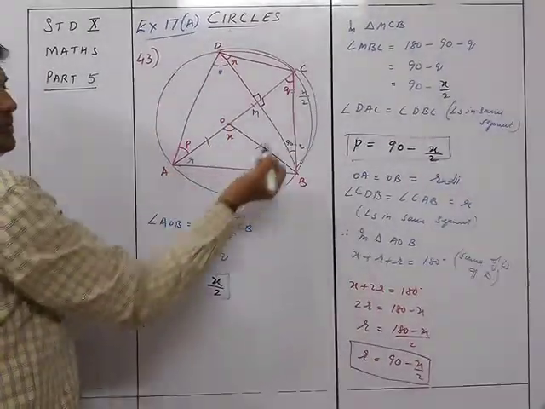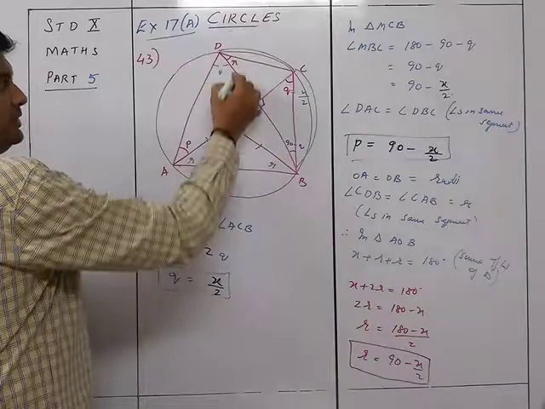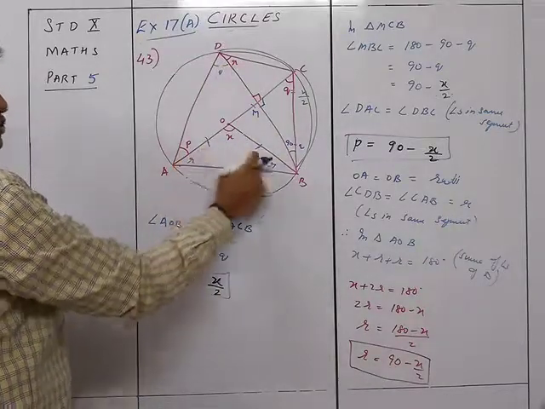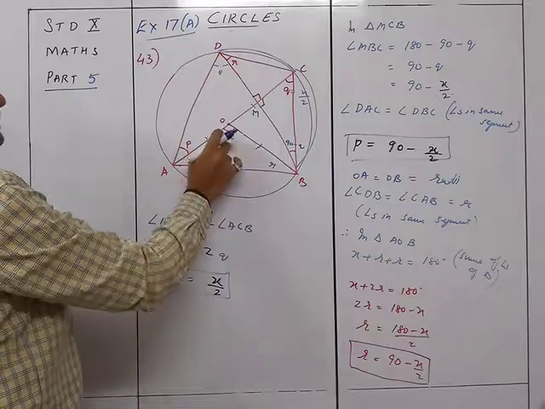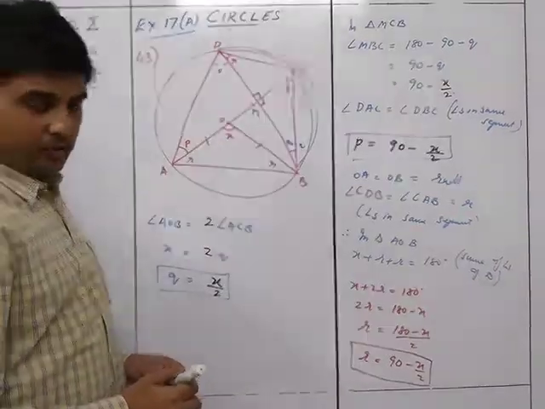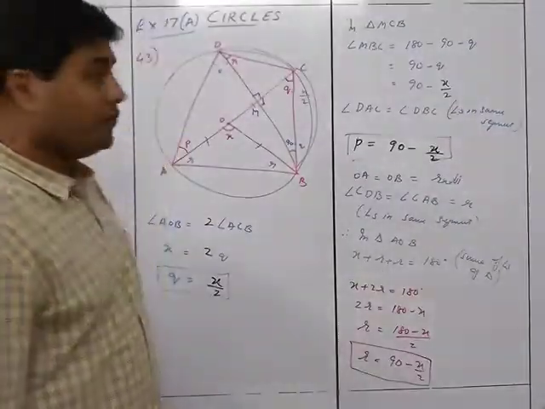So p is equal to 90 minus x upon 2. Now I know that this r and this angle over here will be the same and these are radius, so both will be the same. So r plus x will be 180 degrees. Therefore r will be equal to 90 minus x upon 2. Okay, so that was sum number 43.